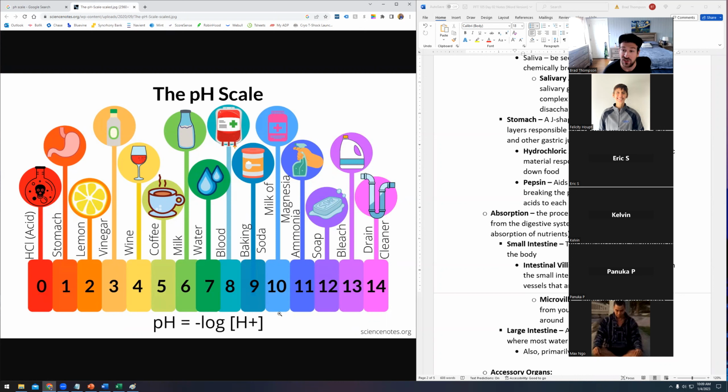Hydrochloric acid is an extremely acidic material, extremely acidic. It is super, super good at breaking stuff down. In fact, it's so good at it, he said it in the video, if you were to take a tablespoon of your own stomach acid, the stuff that is inside your body right now, and pour it on your arm, it would start to dissolve your arm.